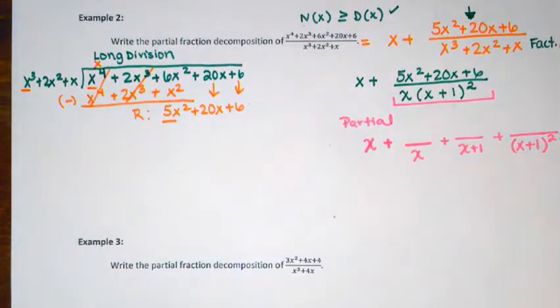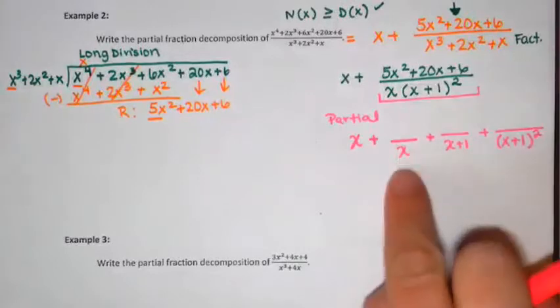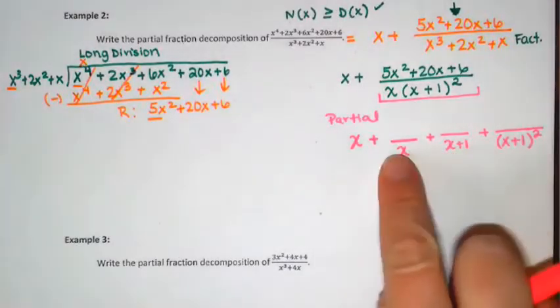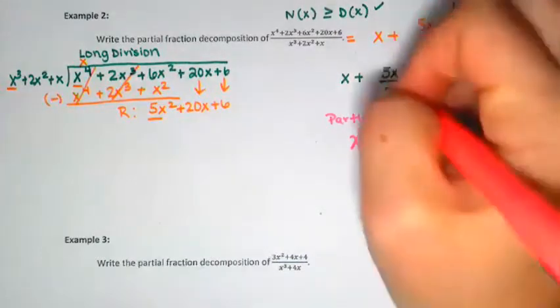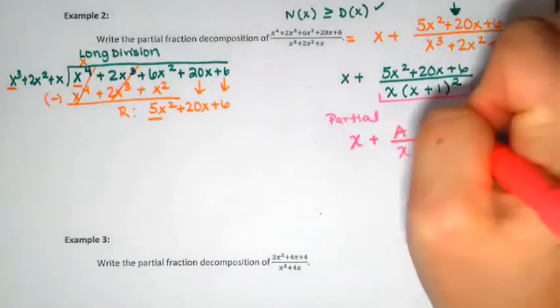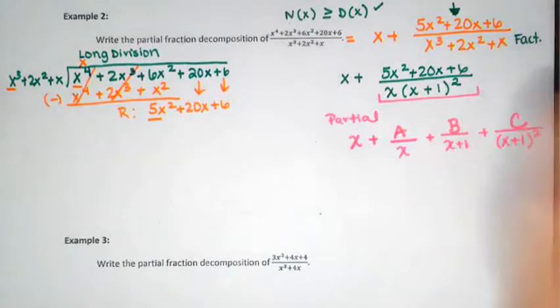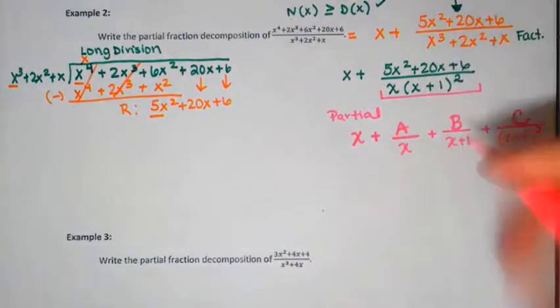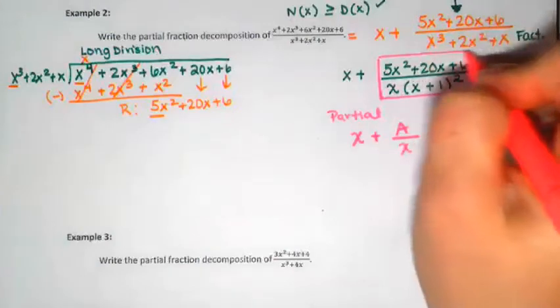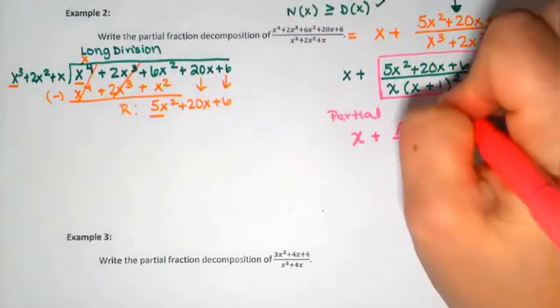So now, these are all linear still, aren't they? And since these are all linear, we can just do a, b, and c. So we need to find a, b, and c. Now, this a, b, and c is coming from this green part, my remainder part.